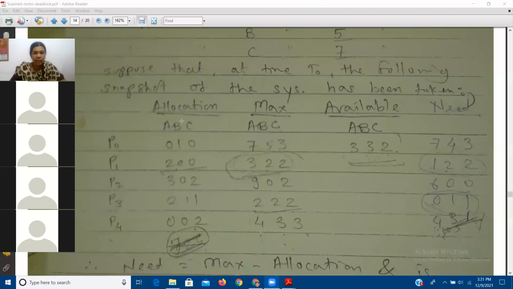Come on. Has anybody solved? Has anybody got one more safe sequence? Nobody is going to post.